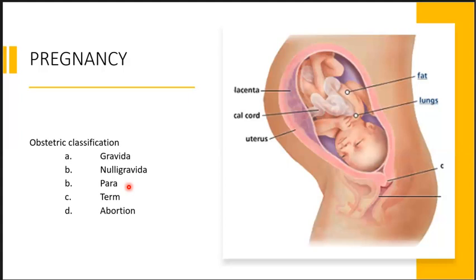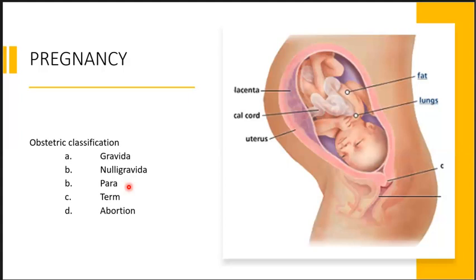Okay, so para is the number of pregnancies that have gone beyond the period of viability, regardless of the number of fetuses or whether the infant was born alive or dead. So if it's a twin pregnancy, it's classified as 1 para. How many pregnancies has she had that have gone beyond 20 weeks gestation or greater than 500 grams, you want to capture that.